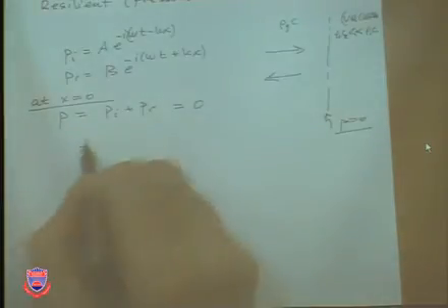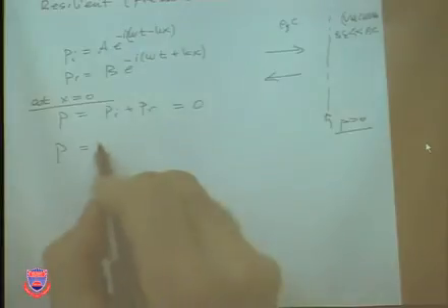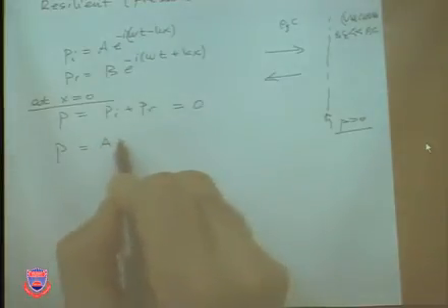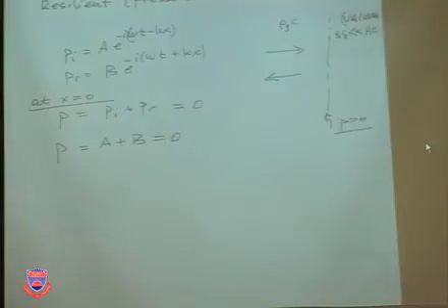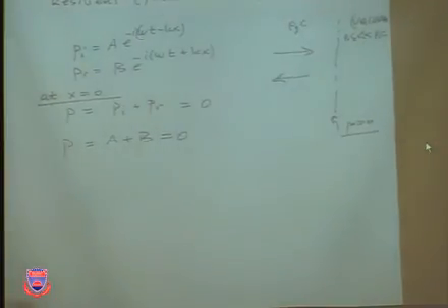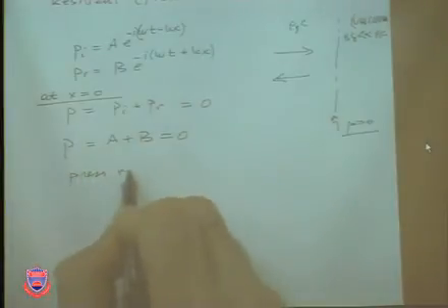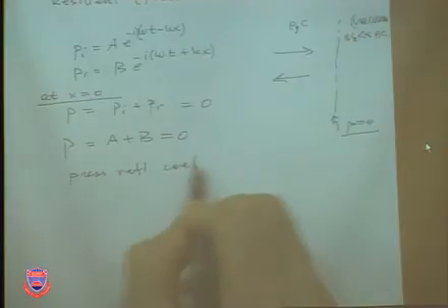And if we do that, what can you write about it at the surface? A plus B is equal to 0, basically. And what is the pressure reflection coefficient?